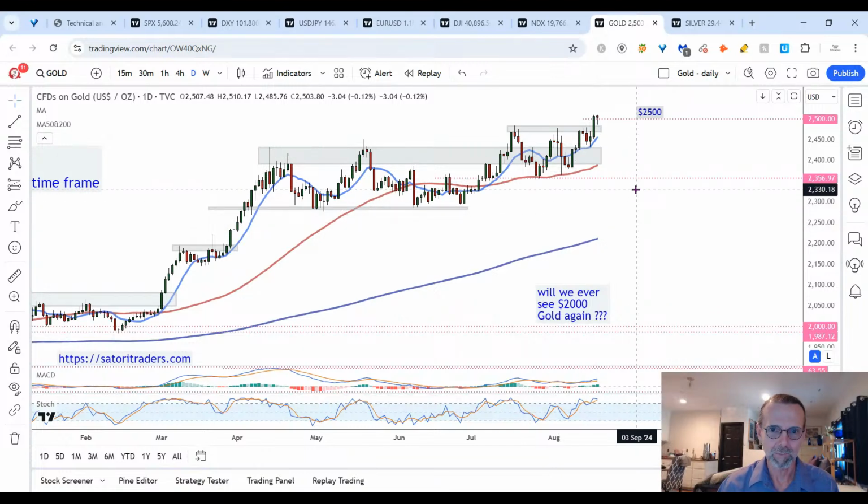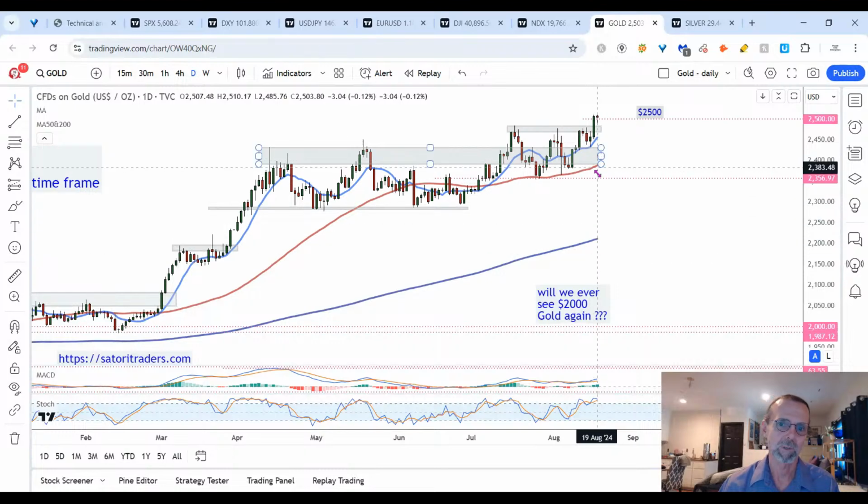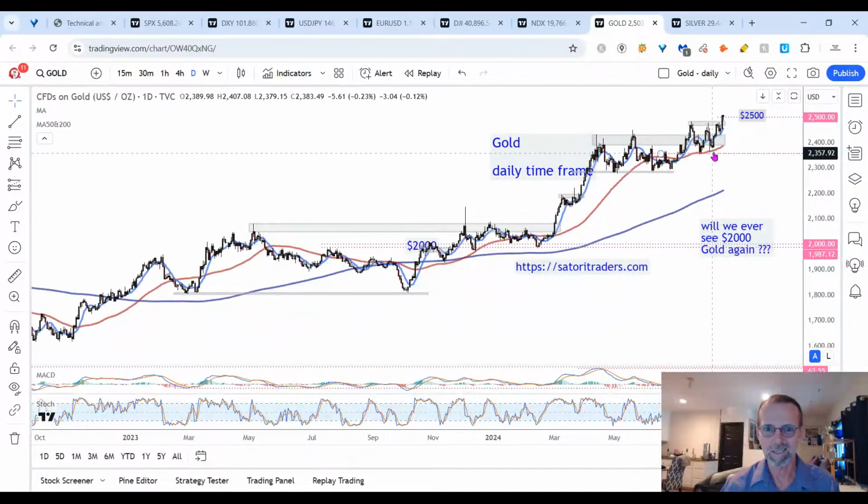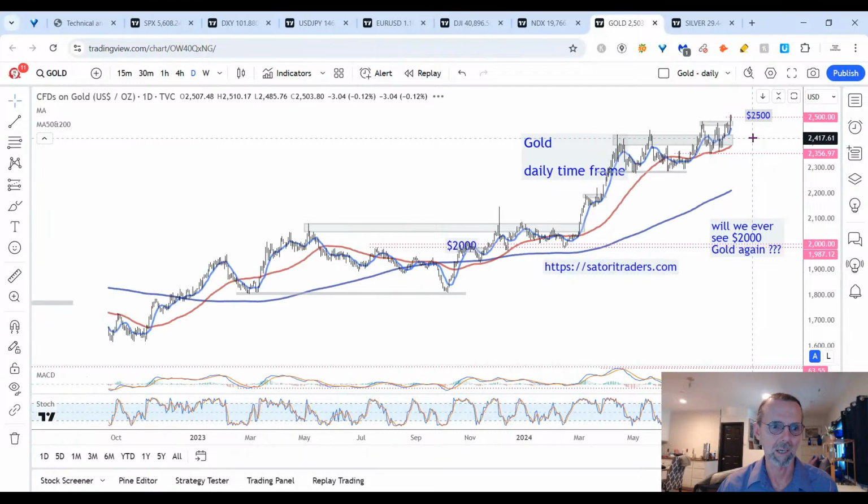I have to caveat that price remains very overbought in gold based on the three moving averages. This is a big space between the 50 and the 200-day moving average. This condition typically does not sustain for a long period of time.